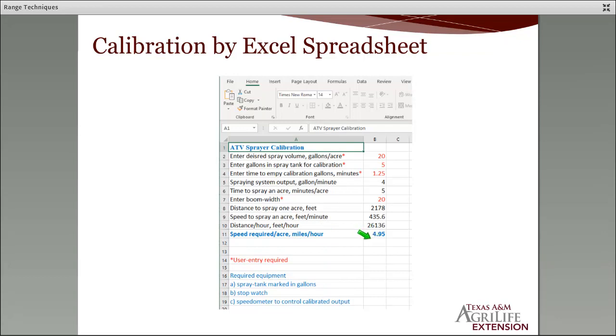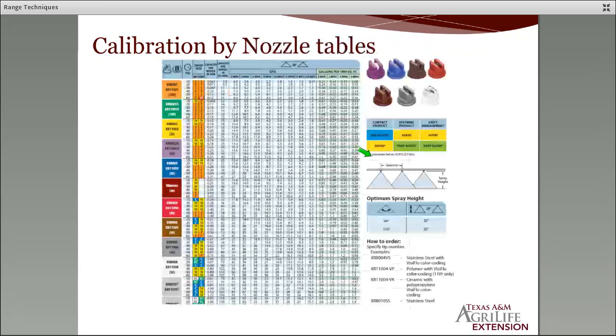If we drive 5 miles an hour, because nobody has a speedometer to get it to 4.95 and hold it consistently, our application, our GPA, will be 20 gallons to the acre. It's kind of convenient, very handy. If anybody would like this spreadsheet, my email address will be on one of the last slides. Please send me an email.